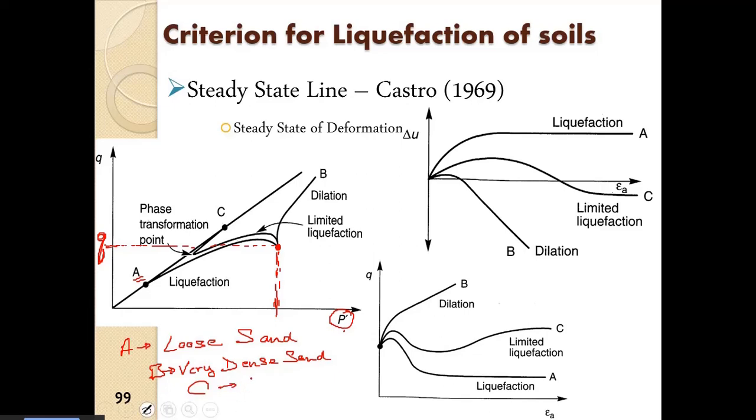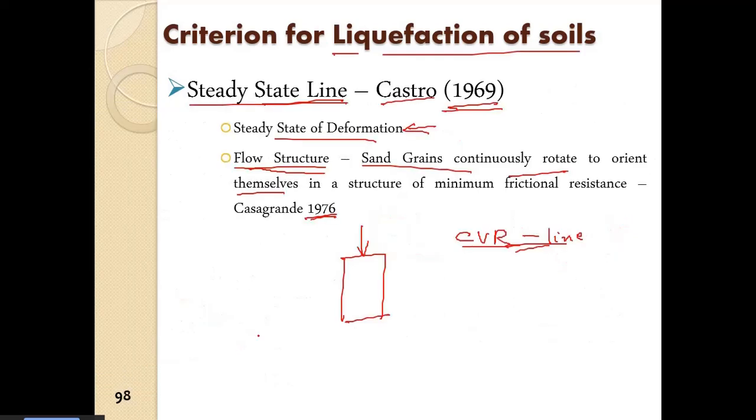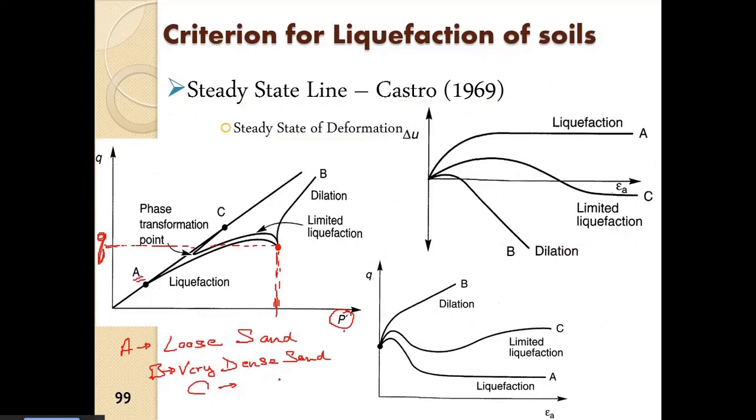That means it is on the denser side, maybe somewhere here, in this state. So that is C, intermediate density. A is very loose, B is very dense, and C is in the range of just denser than the critical void ratio line.